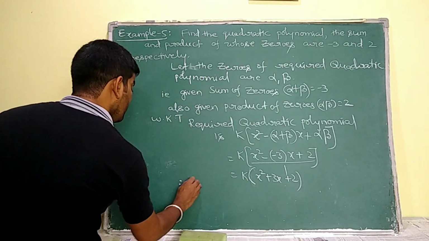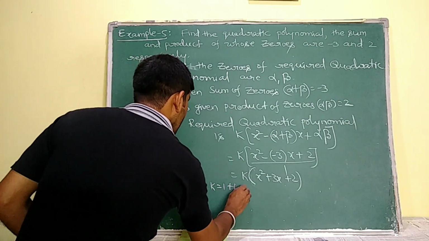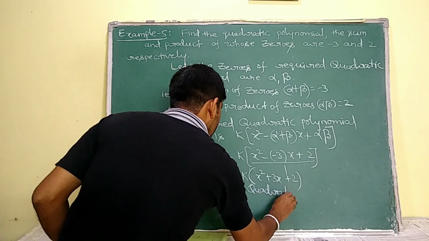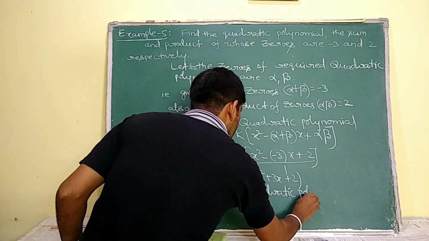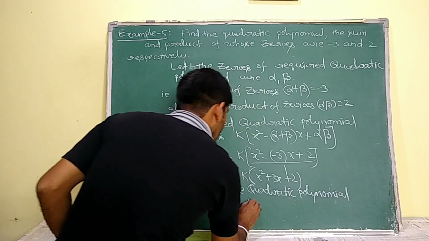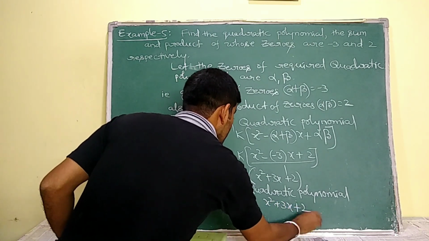Therefore for k is equal to 1, the quadratic polynomial is x square plus 3x plus 2.